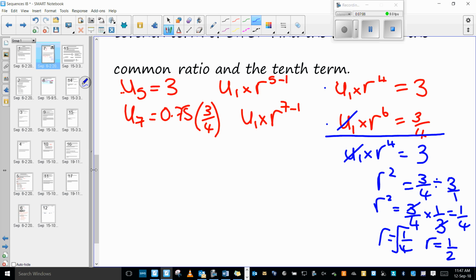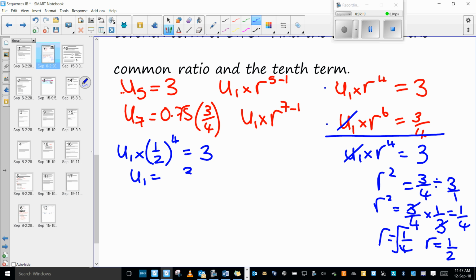So U1 multiplied by 1/2 to the power of 4 gives us 3. So U1 is going to be 3 divided by 1 over 2 to the power 4. If it was on a non-calculator paper, what's 2 to the power 4? 16.